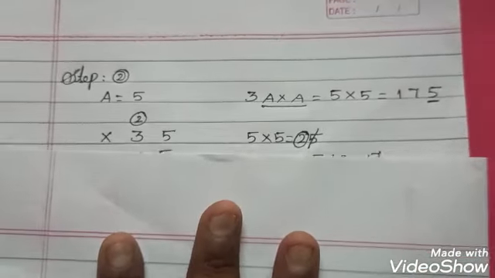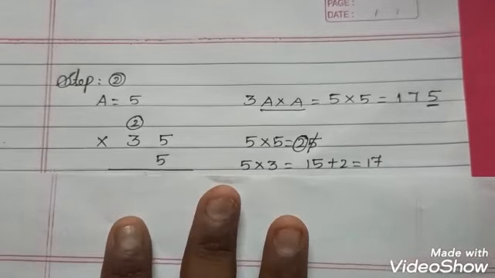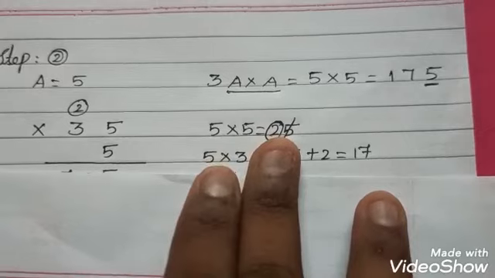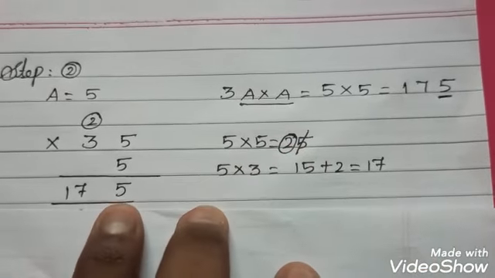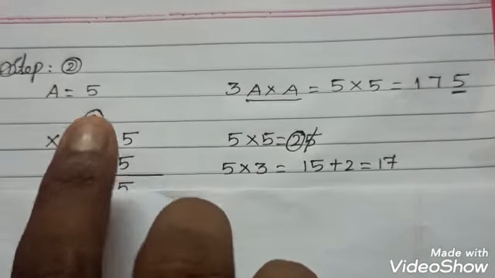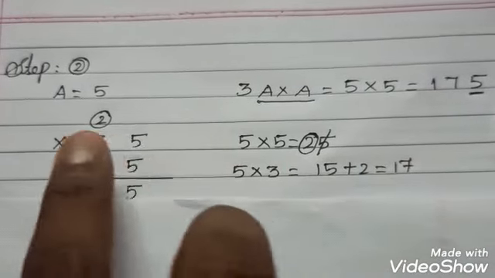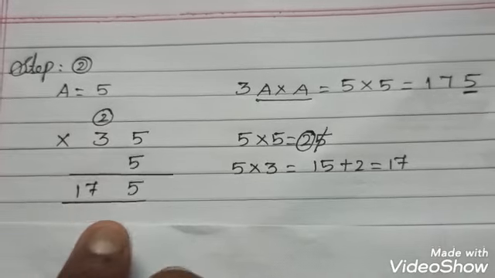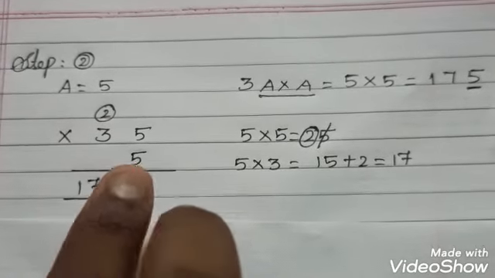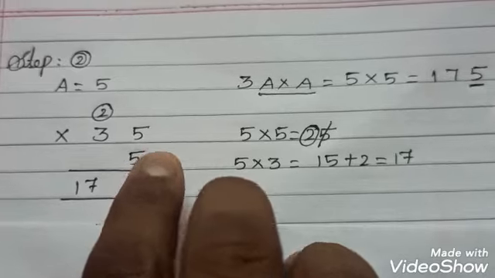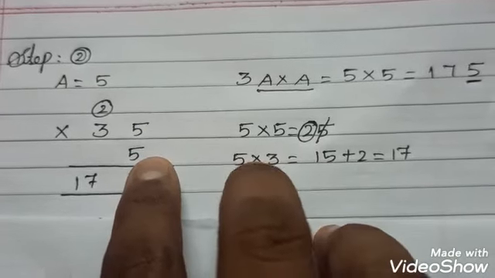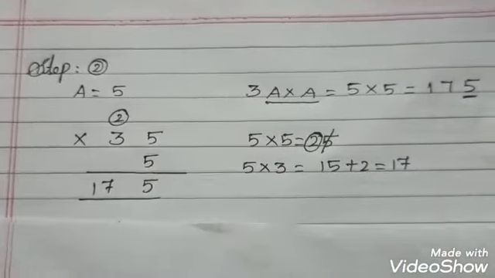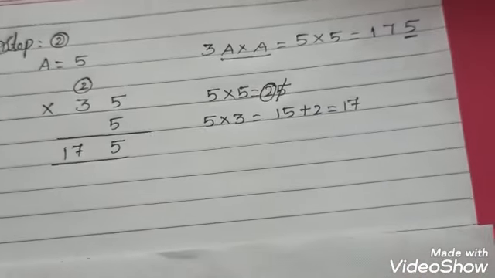Here I will explain: 35 multiplied with 5. 5 into 5 is equal to 25, so 5 you take here and carry over 2. 5 threes are 15, plus carry over 2 is equal to 17. So you get 175, that means 17A. So 3A into A gives 17A. We took 5 as the first trial, and it satisfies the condition.